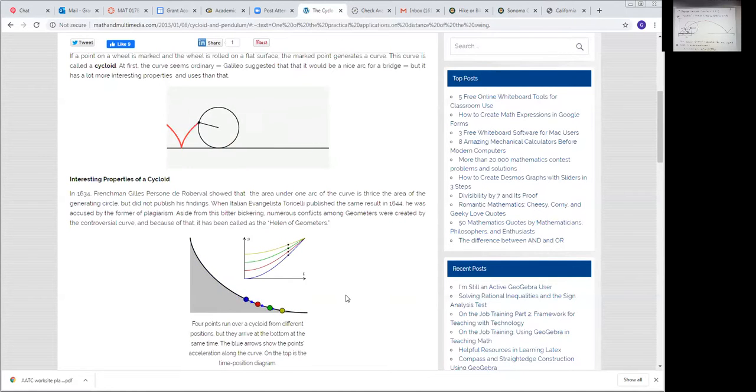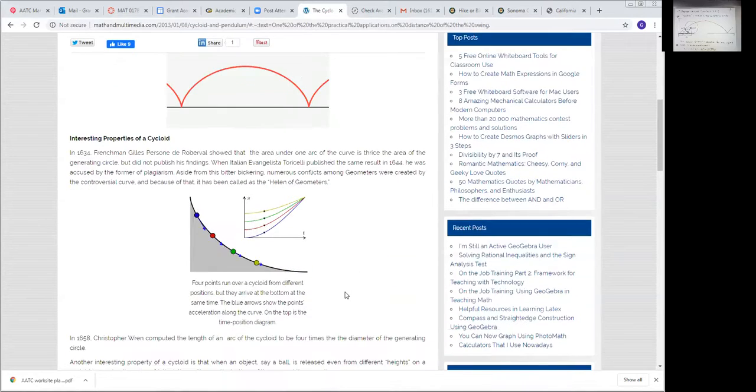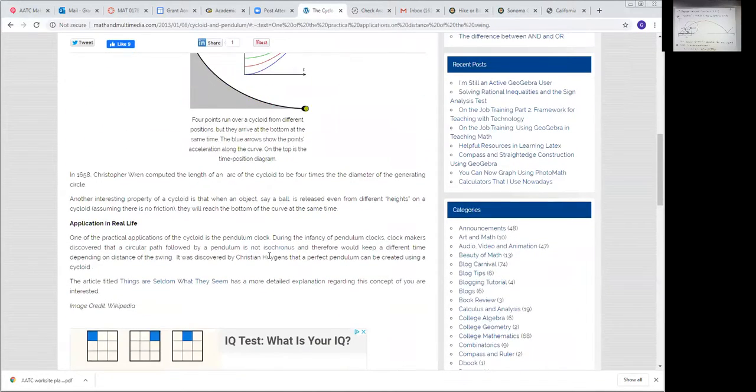An interesting application of that, they mention it here, is early clocks. Early clocks were pendulum, and that would trace out a circle, right? They would follow the path of a circle. And what would happen is that would lose time, as the swings got smaller and smaller, the time would not be the same.